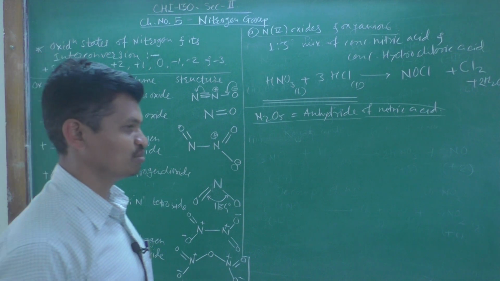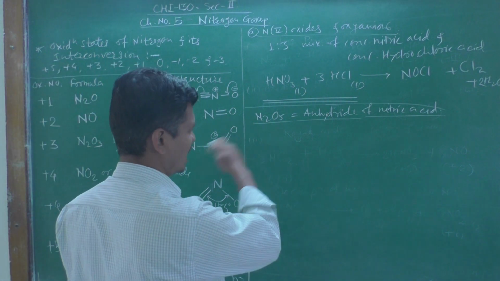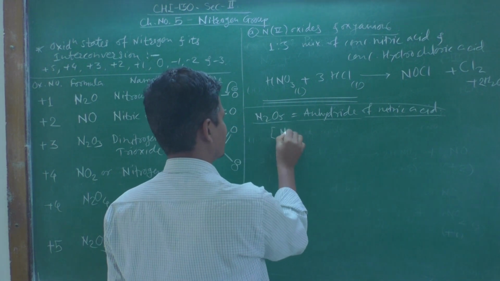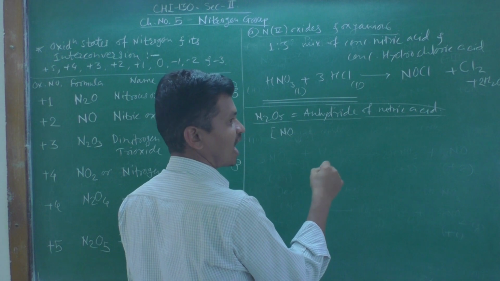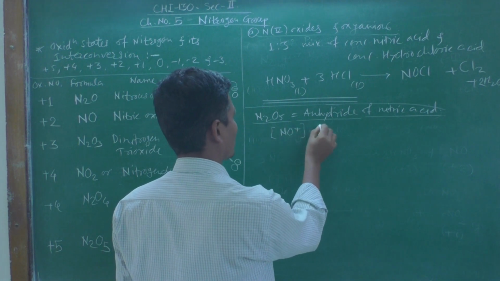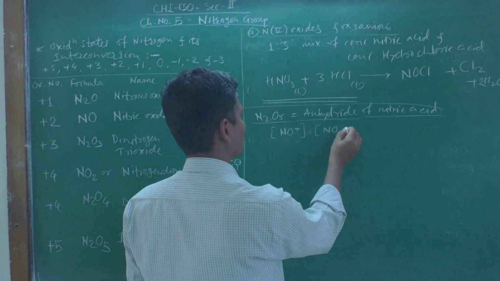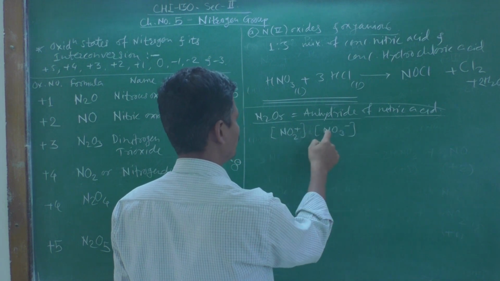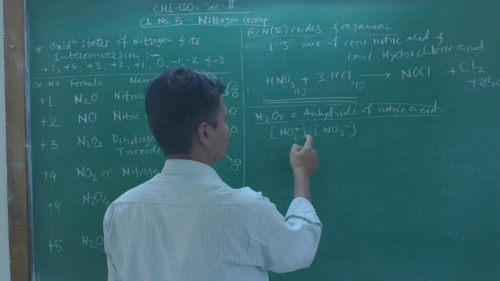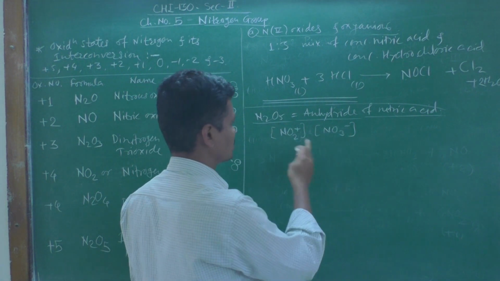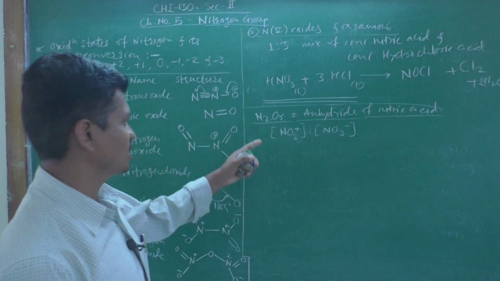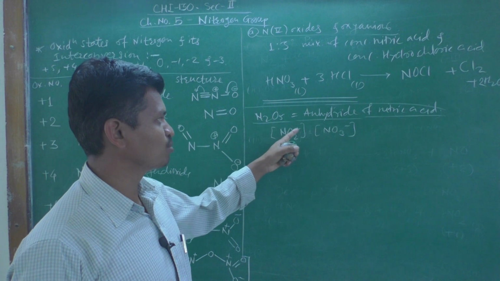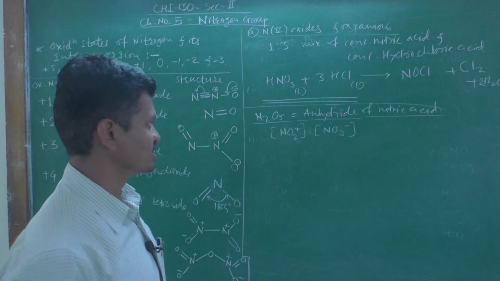The actual, or correct, structure of N2O5 is that it exists in the ionic form NO2 plus and NO3 minus. The positive and negative charges neutralize each other. This is the correct structure of N2O5, the correct formula being NO2 plus and NO3 minus.